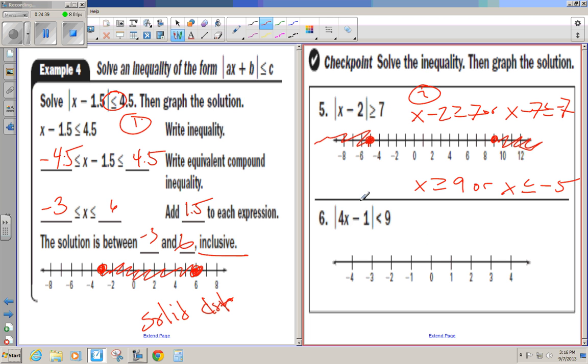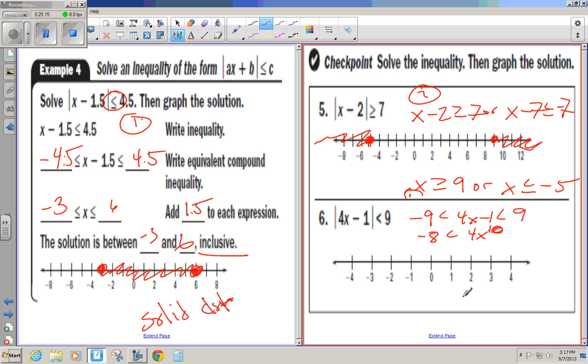All right, here's another equation. This is a type 1. So you got 4x. So type 1s are between statements. That means you got negative 9 on the left. All the inequalities are the same. Add 1 to both sides. We added 1, it's 10.